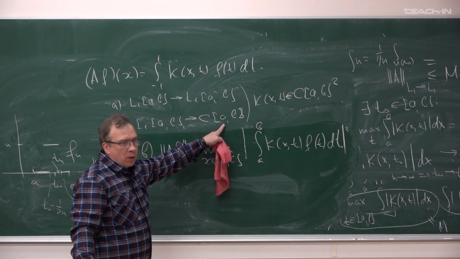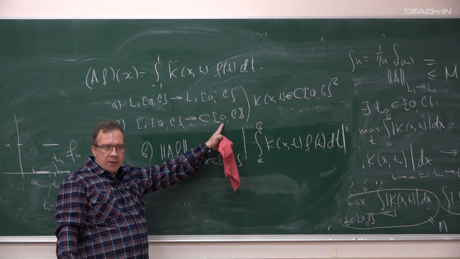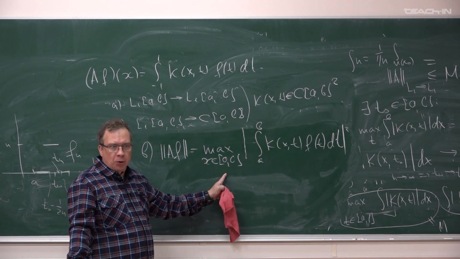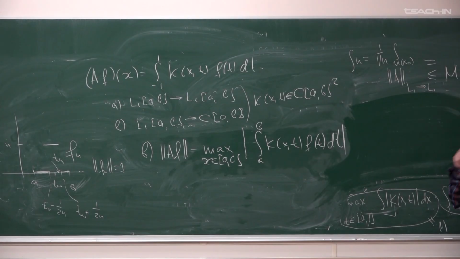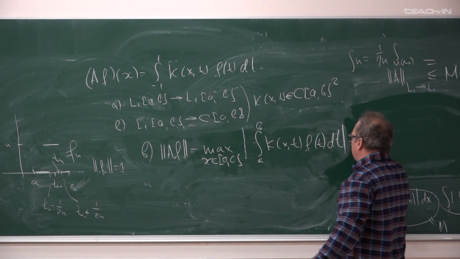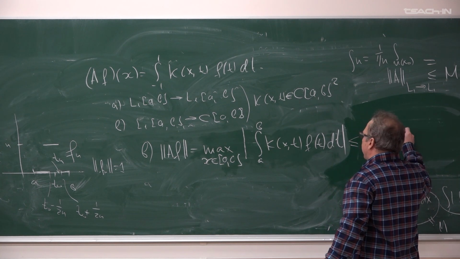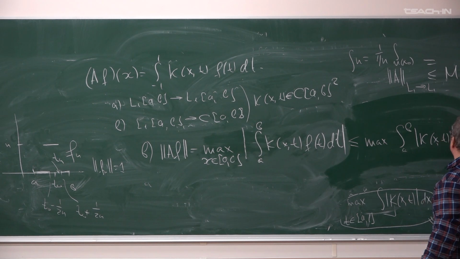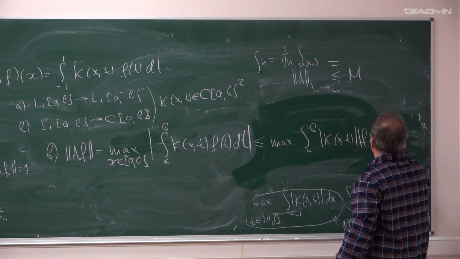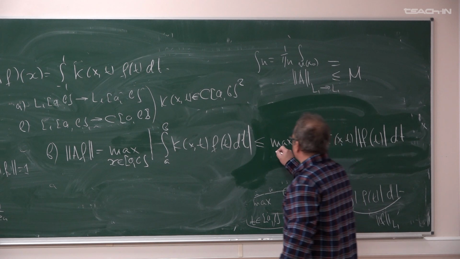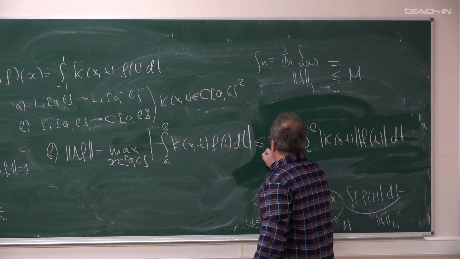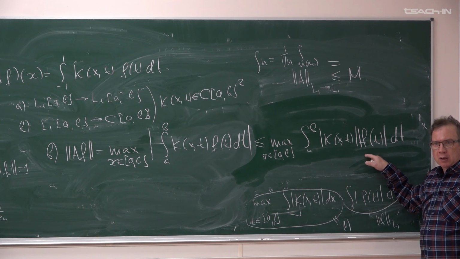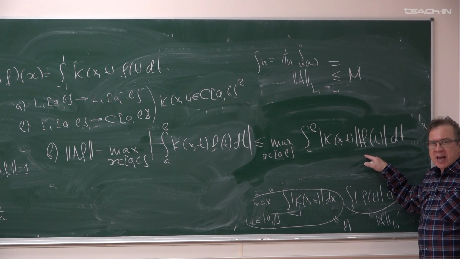Because we have another final space, we change the norm in the final space: not integral, but maximum. Then again, put the absolute value inside the integral. And now you must do something with this integral to obtain the norm of the function f in L1.